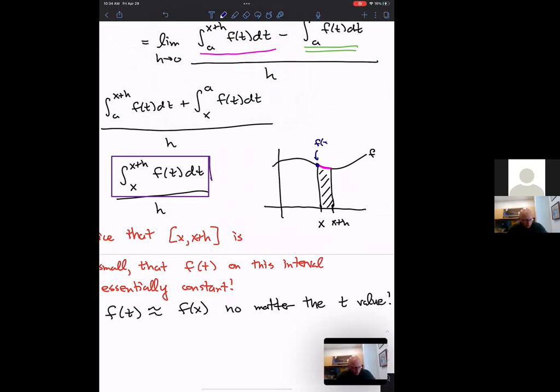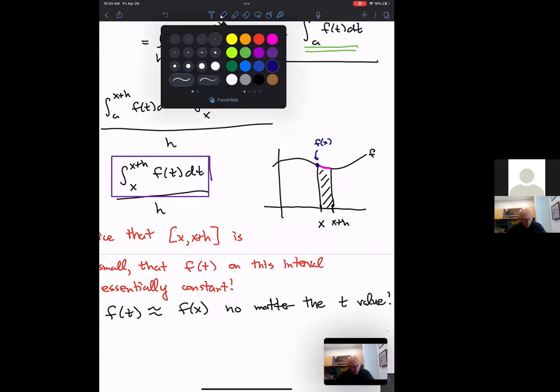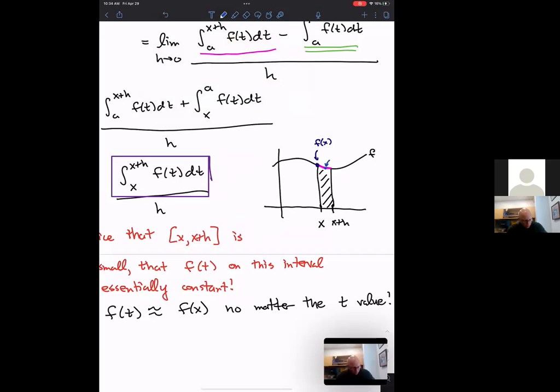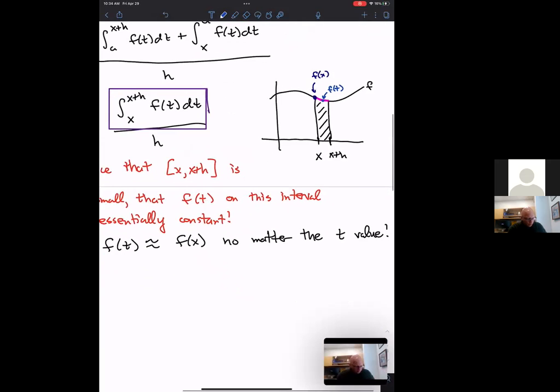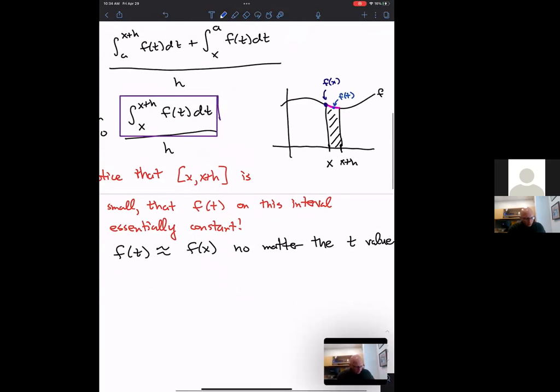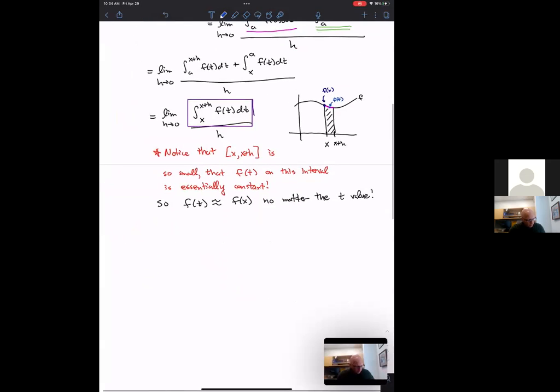So this f of x. What I'm saying is, give me any f of t in this interval, maybe this is my f of t. If the interval's super duper tiny, f of t and f of x must be pretty similar. The left endpoint's a pretty good approximation of the entire function on this whole interval. So this is somewhat intuitive, but it can be made rigorous.